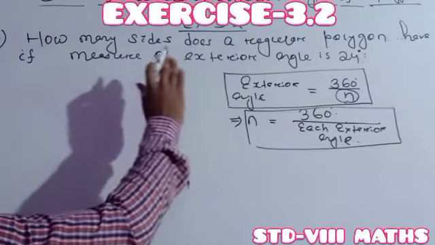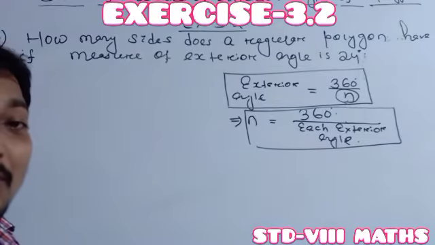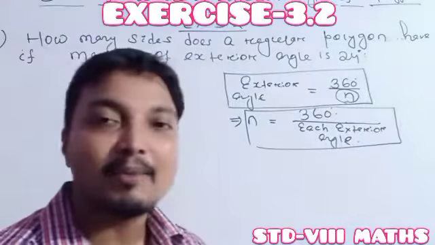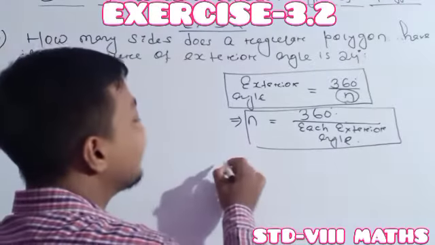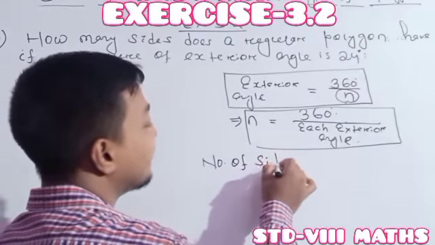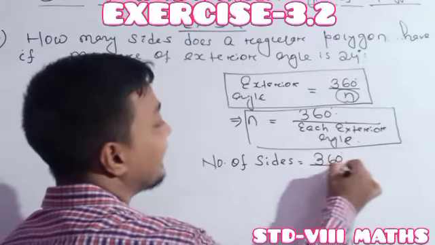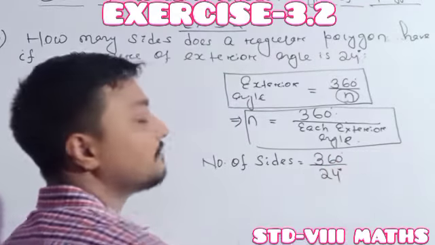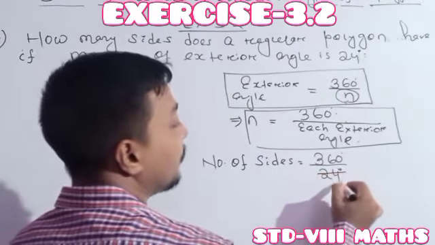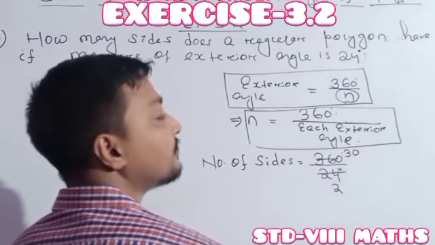How many sides does a regular polygon have if the measure of the exterior angle is 24? So the measure of the exterior angle is 24. It means the number of sides is 360 degrees divided by 24 degrees. Cancelling: 12 twos are 24, 12 threes are 36, here it is 0.